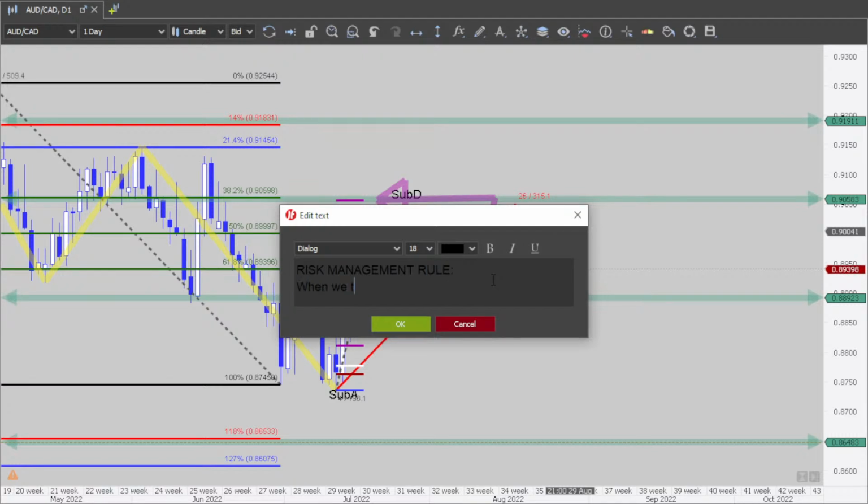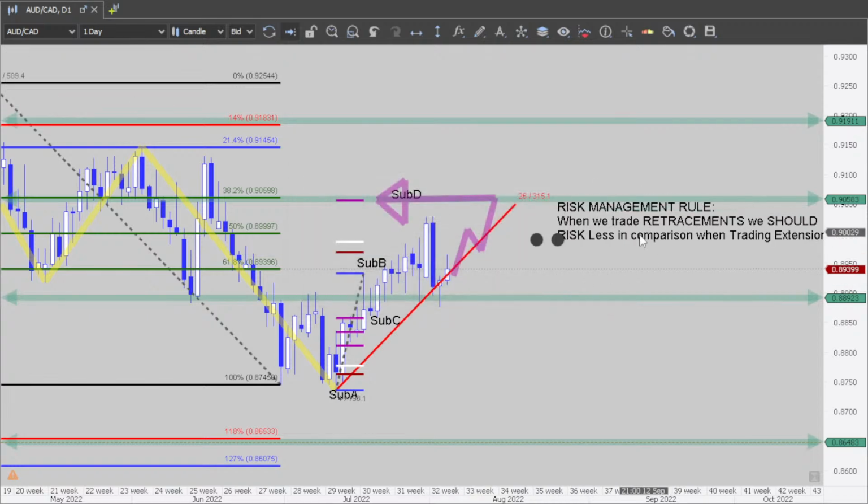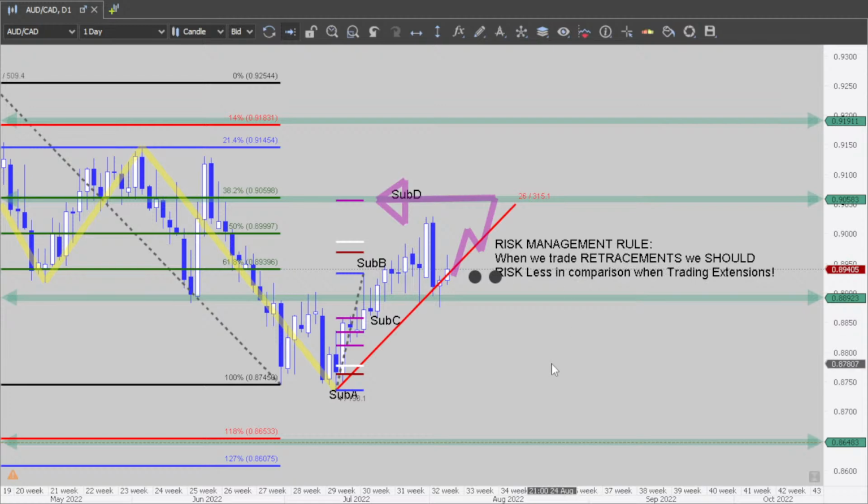When we trade retracements, I'm not your father, we should risk less in comparison to, or in comparison when trading extensions. Okay, everybody? It's a risk management rule.